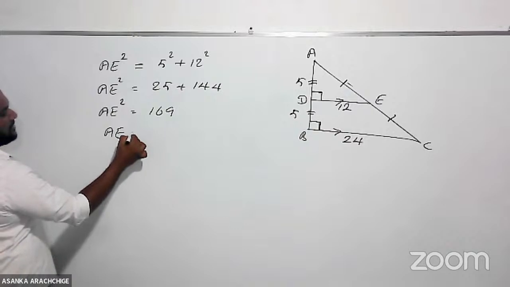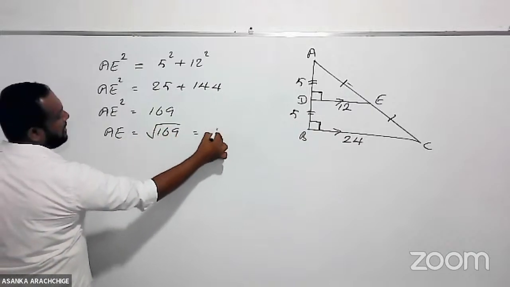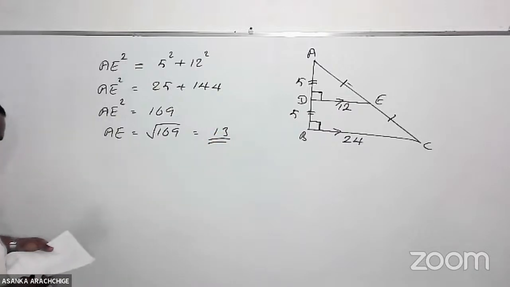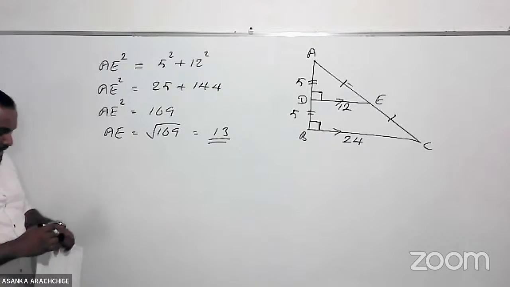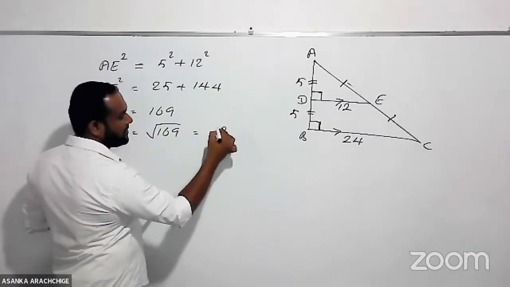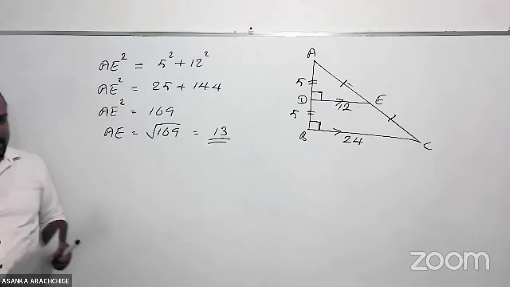Therefore, AE is equal to the positive square root of 169, which is 13. AE is 13 centimeters, correct? Good.